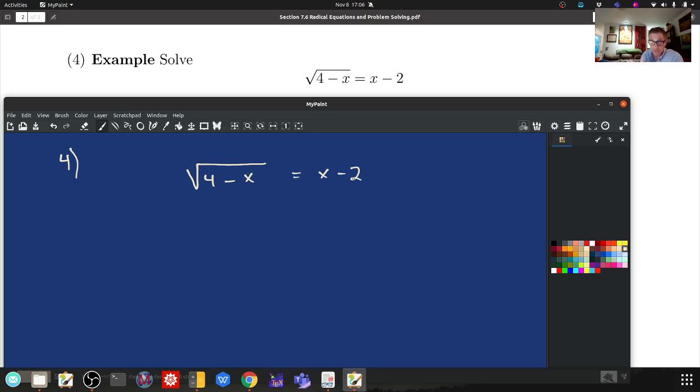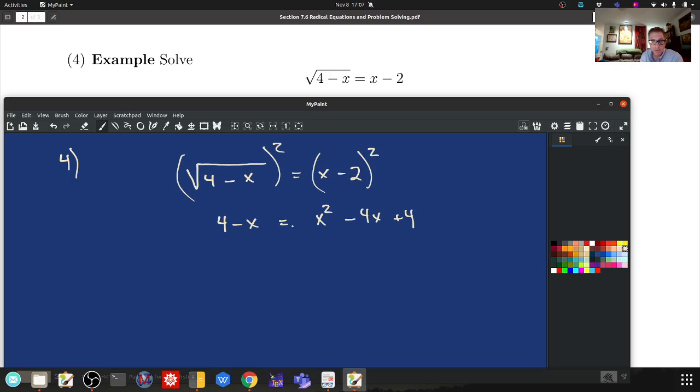So all I have to do is square both sides. So that gives me 4 minus x is equal to x minus 2 squared, which is x squared minus 4x plus 4.